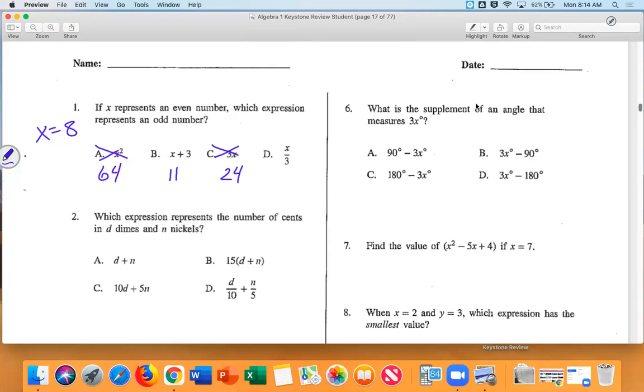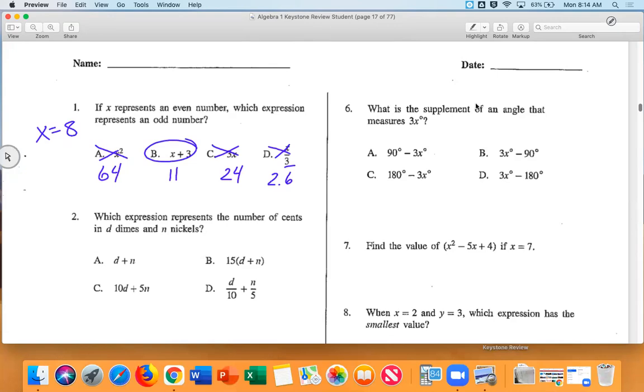Decimal, how can the decimal be odd? It's like 2 point, what did you say? 2.6 repeating? Yeah, 2.67. And I'm just going to say that's probably not odd. All right. So do you feel comfortable enough saying B is your answer at this point? And I would agree. Okay.